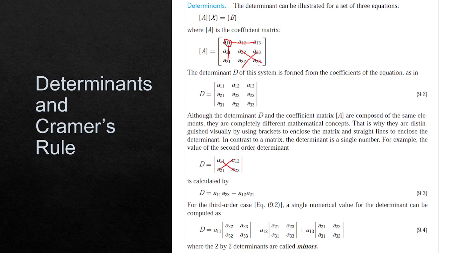So that is A22 times A33 minus A32 times A23, and by simplifying you get the determinant. You could also use the basket method, so you could search that as well. It's the same way, and you also get the same value of the determinant.